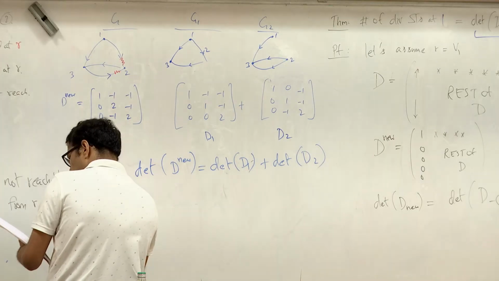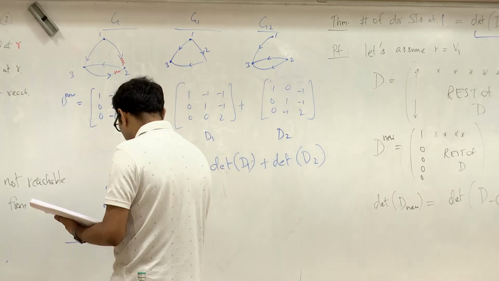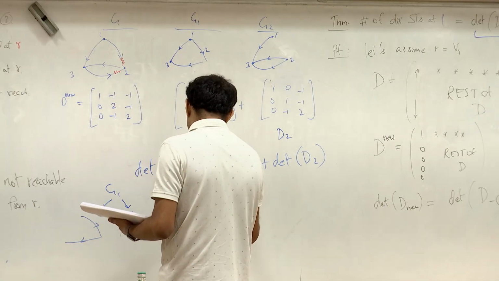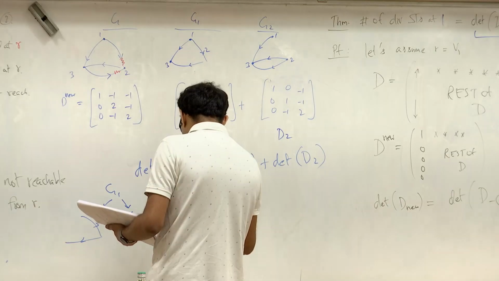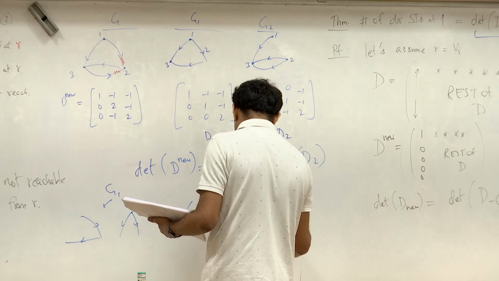So this is what those graphs look like. So they both contribute 1 to the determinant. Right? So these things, they contribute 1 to the determinant. But when you split G2 off, you get digraphs that look like that.